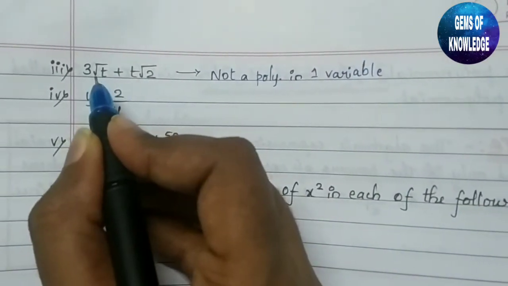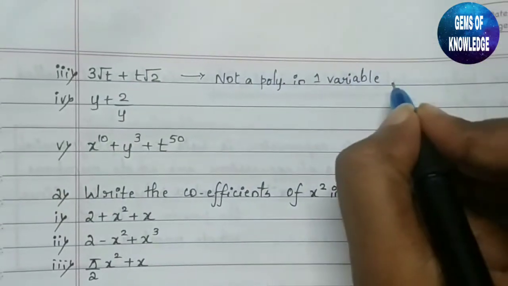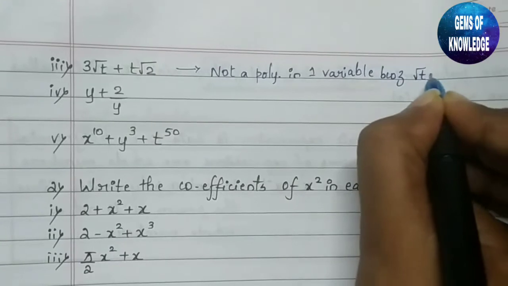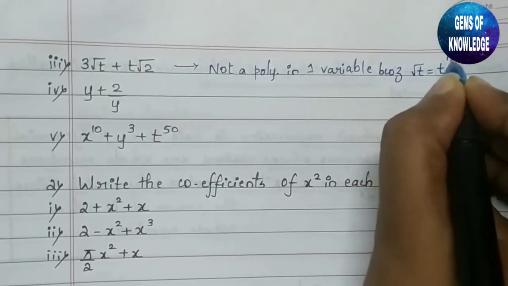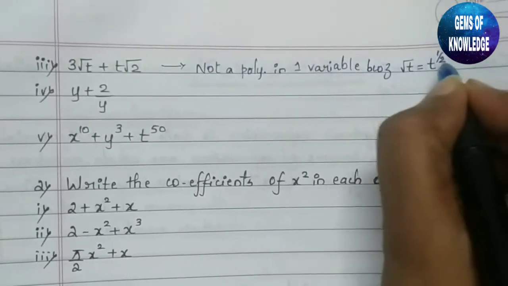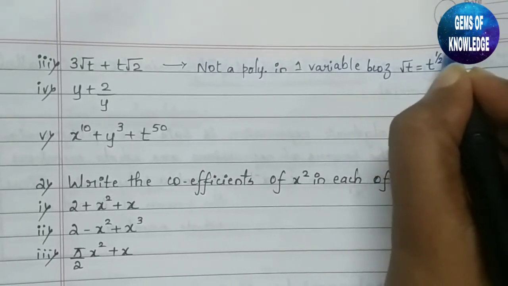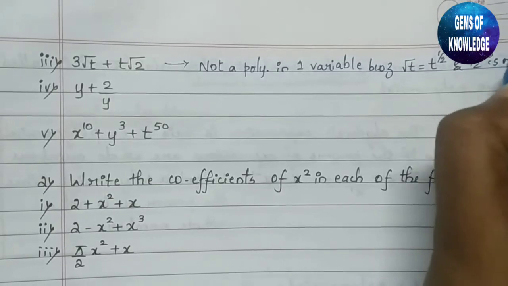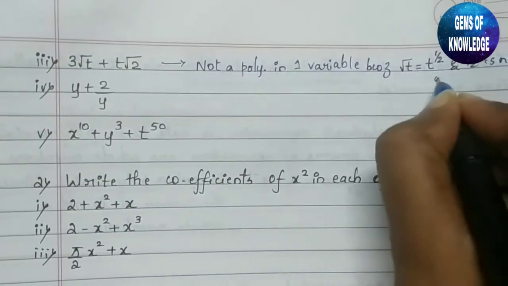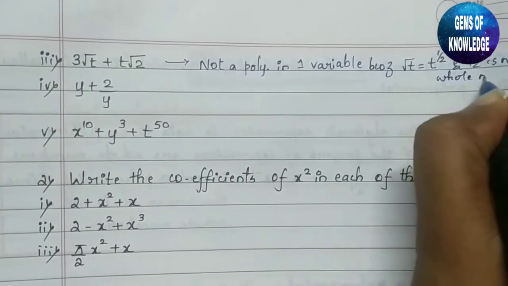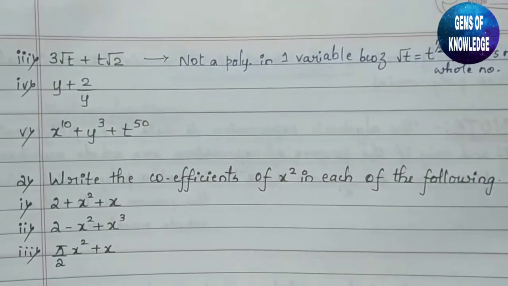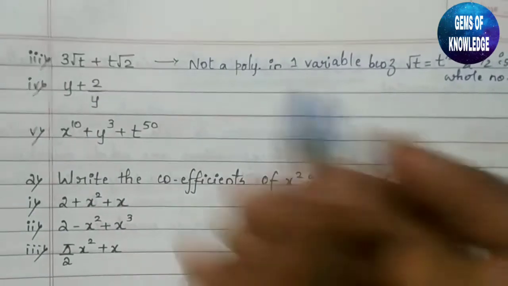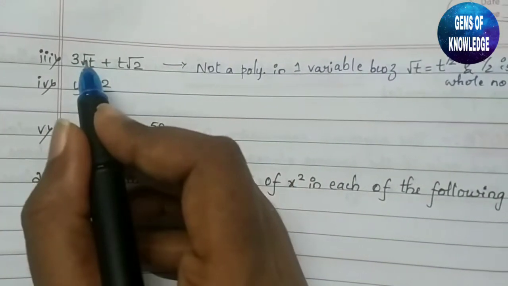Because you can see root t is given, and root t means t to the power of half. As you know, half is not a whole number. It is a fractional number. So this is not a polynomial in one variable.